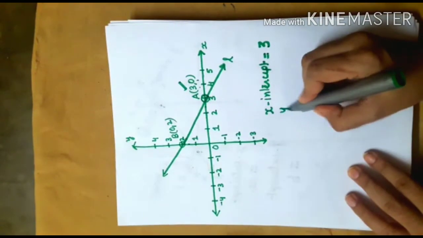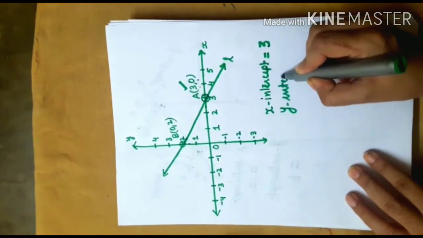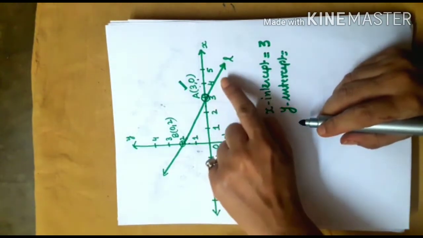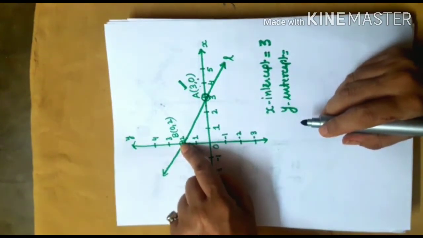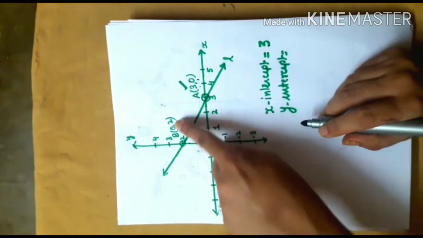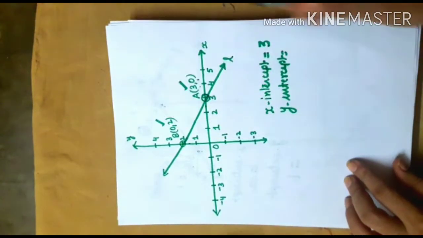And similarly, y-intercept will be, the line intersects the y-axis at this point whose coordinates are 0, 2. So we say that y-intercept is 2.